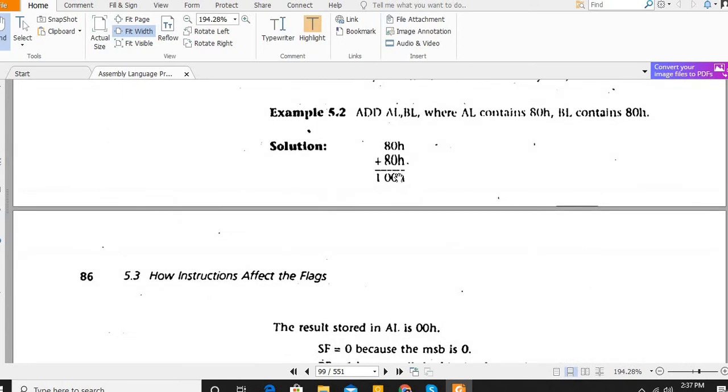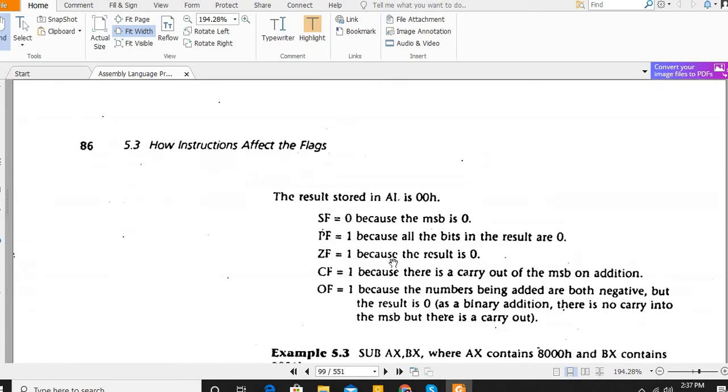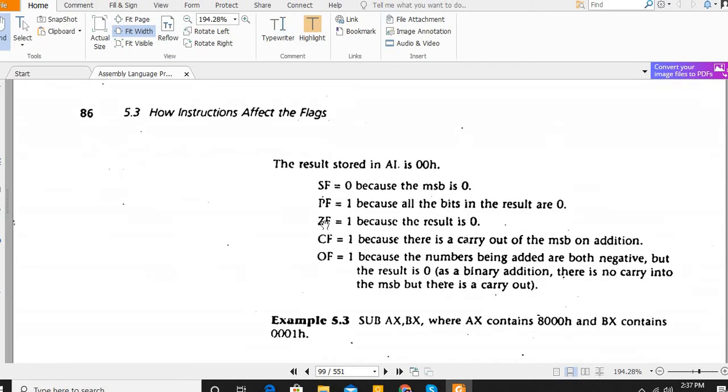PF equals 1, parity flag 1, because all the bits in the result are 0, so there is an even number of ones, which means even parity, and your PF will be 1. Then ZF equals 1 because the result is 0. In the previous example ZF was 0. And CF equals 1 because there is a carry out.